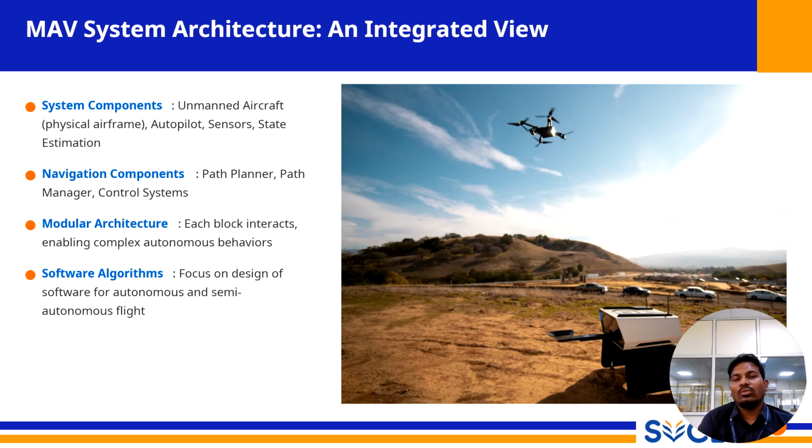As the slide notes, each block interacts with the others, and this interaction is what enables complex autonomous behavior. The sensors provide data to the state estimator, which provides the drone's current state to the path manager, which executes the plan from the path planner by sending commands to the control system, which then drives the physical aircraft.